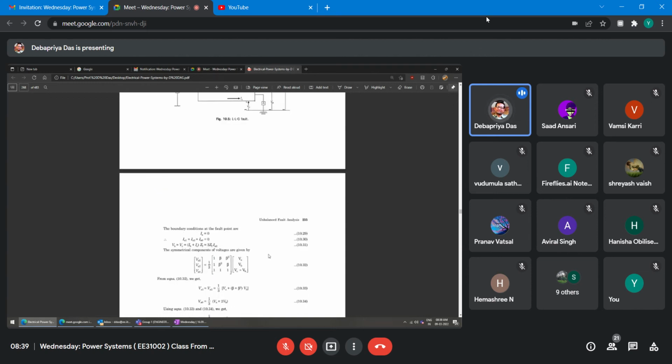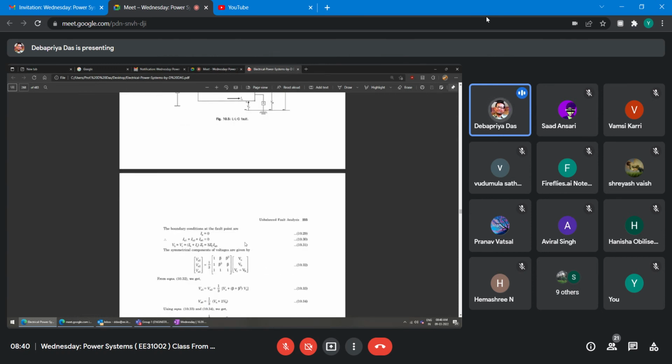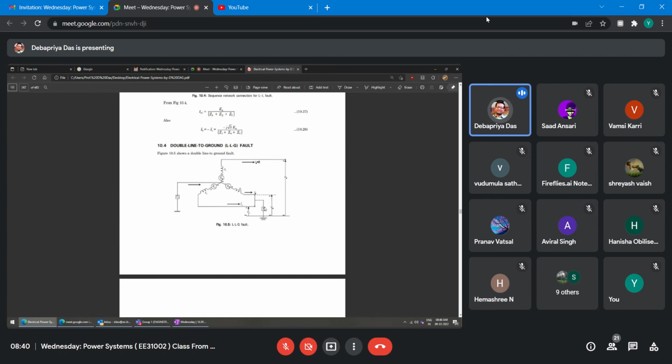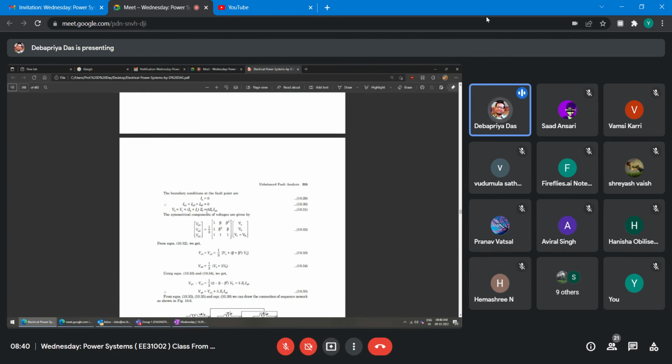These two are the double line to ground fault, so VB and VC are the same. The fault current is basically IB plus IC, so the voltage is equal to IB plus IC into ZF. Now IB plus IC is equal to 3 IA0, so this is 3 ZF IA0.